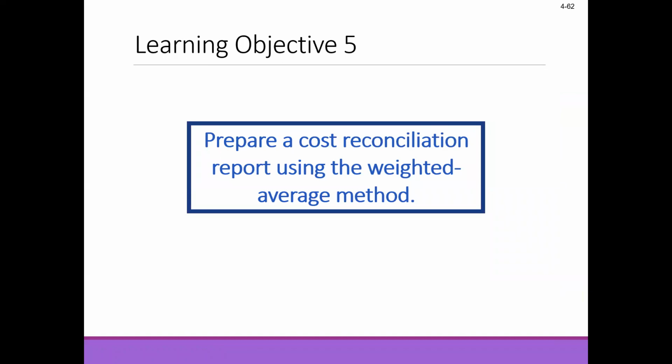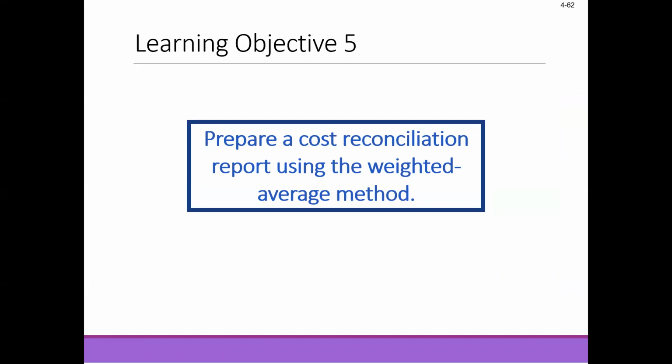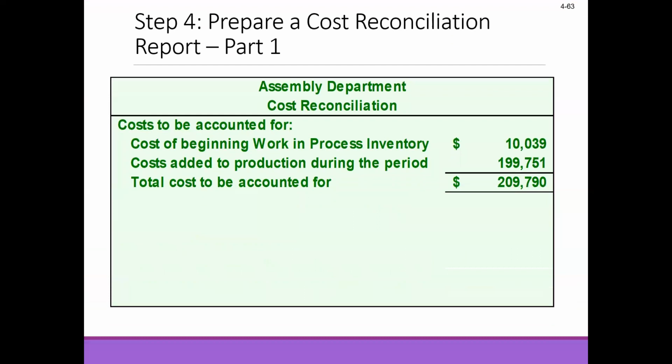Now, the next step is to prepare a cost reconciliation report. Costs to be accounted for. Cost of beginning WIP, $10,039. The cost that we added to production, the $199,751.